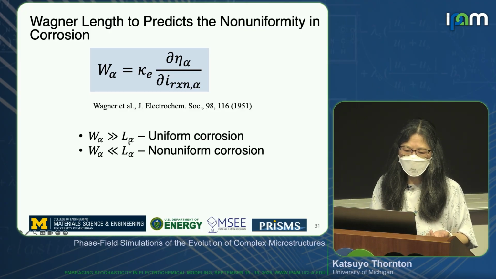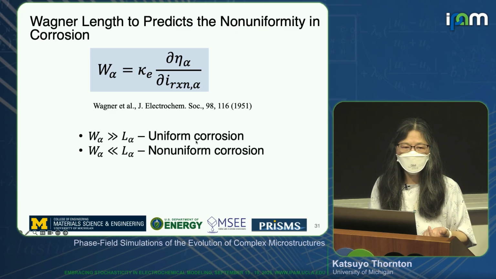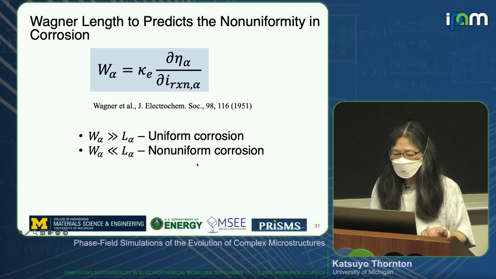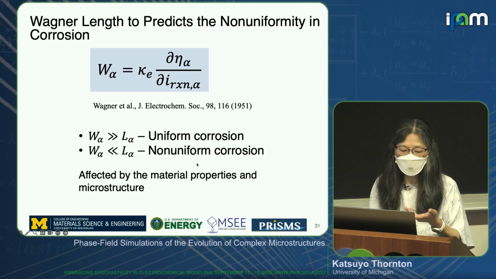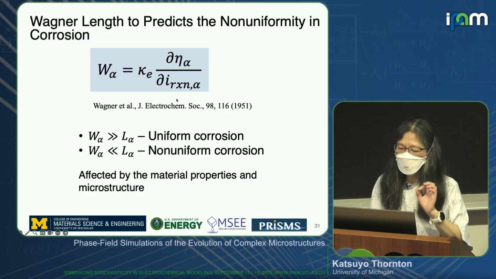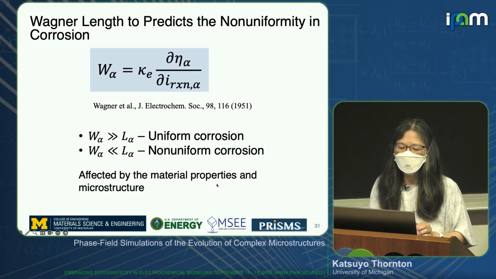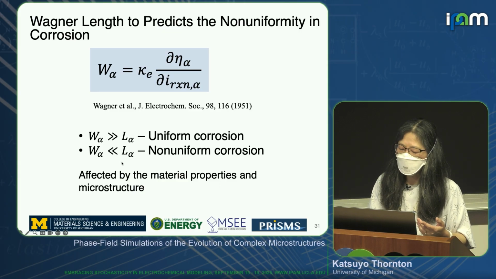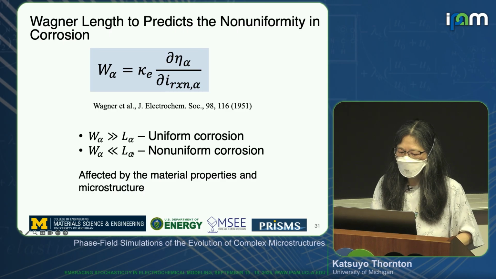So when the characteristic length scale of the microstructure is much smaller than this Wagner length, then you get uniform corrosion. And if it is much larger, non-uniform corrosion. There's actually a material property also in the reaction, so this includes the material properties, but also the microstructure, because this characteristic length scale is microstructure dependent.